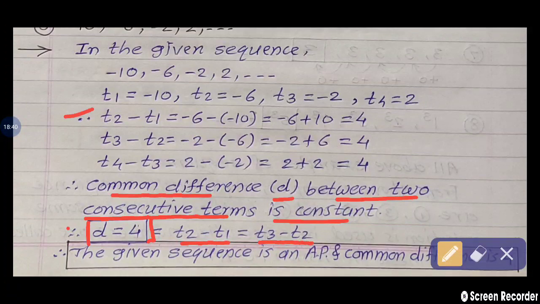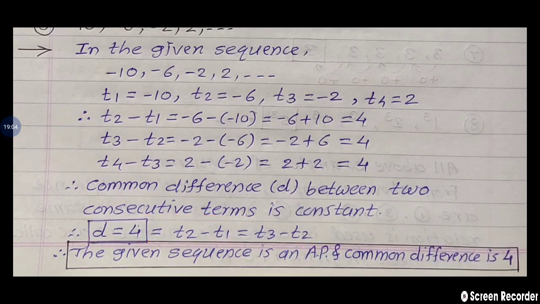Out of these three, write any two, first two. If the first two differences are the same, then obviously the next differences are also the same. So any two differences you find out, and finally we are writing like this, T2 minus T1 is equal to T3 minus T2, that is nothing but difference 4, and finally we are writing here the given sequence is an AP and common difference is 4, like this.